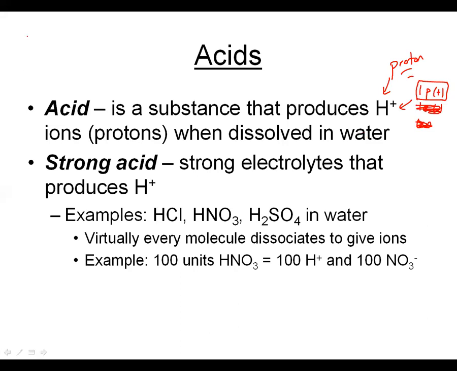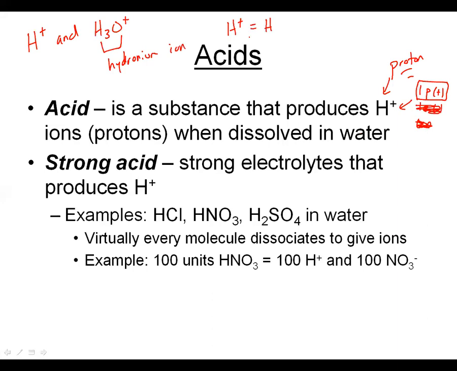Also an important relationship: things are used interchangeably in acid-base chemistry, H plus and H3O plus. This is what is known as the hydronium ion. They are basically the same. They both represent the acid part of a solution. So H plus is basically the same as H3O plus.